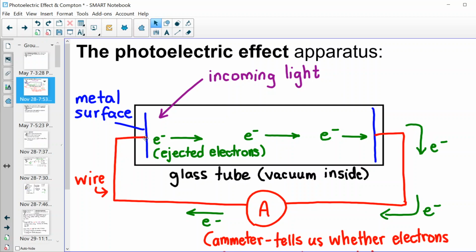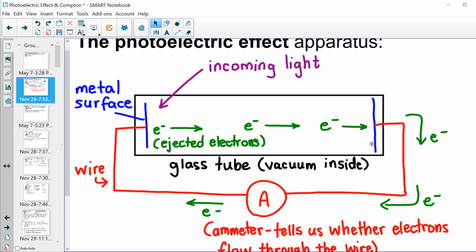The cathode and the anode are connected together by a wire, and when we shine light on the metal, sometimes electrons get ejected, so electrons are freed from the metal. And if electrons are freed, they travel across from the cathode to the anode, and they go through this wire here.